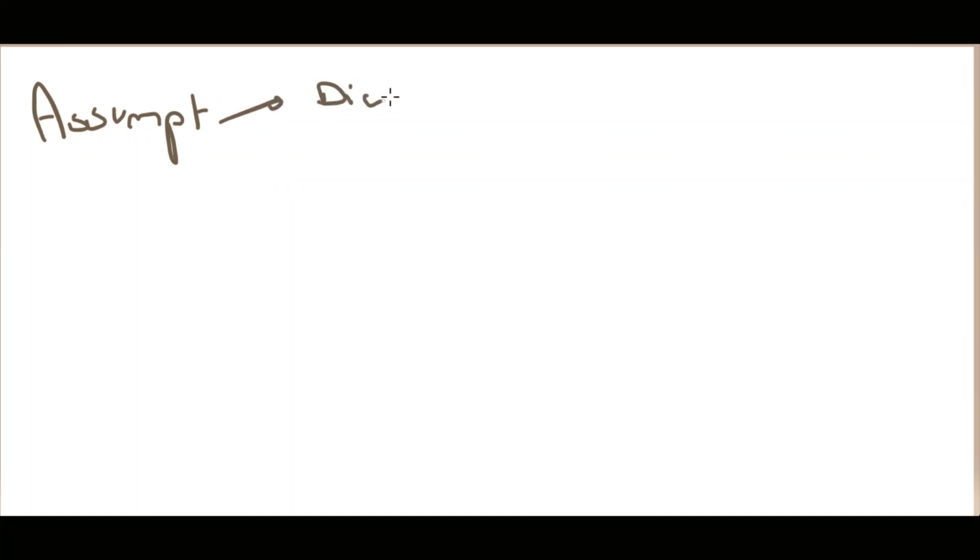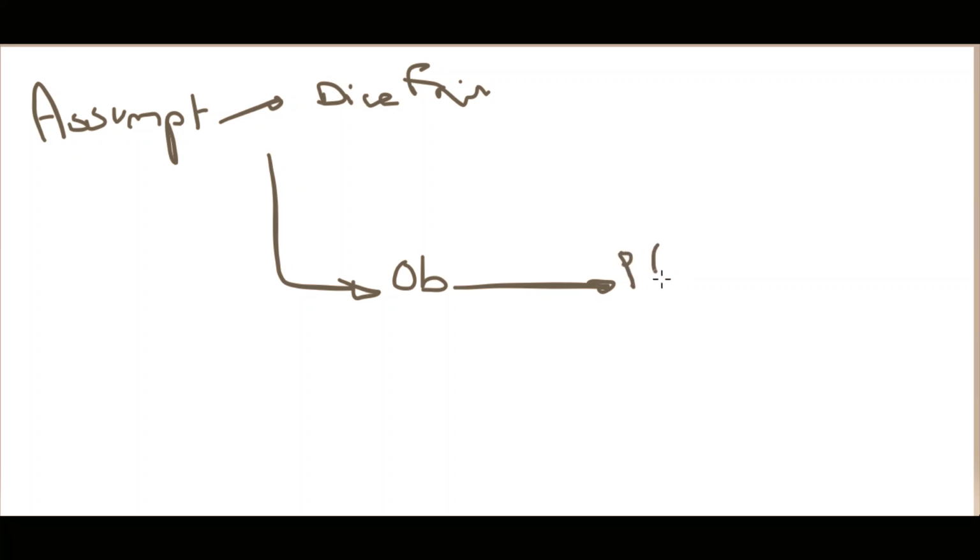Okay, so you said to yourself the dice is fair, and then you run an experiment or a series of observations, and based on the observations, you were able to calculate a probability. Now that probability is calculated based on the assumption that you made right here.